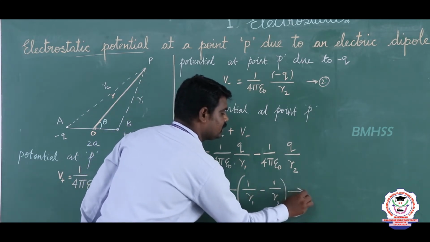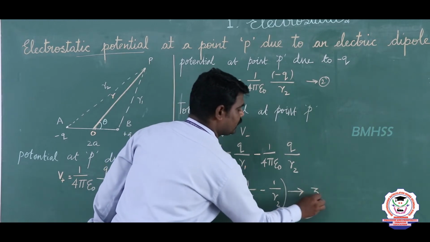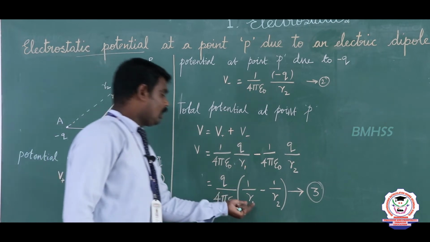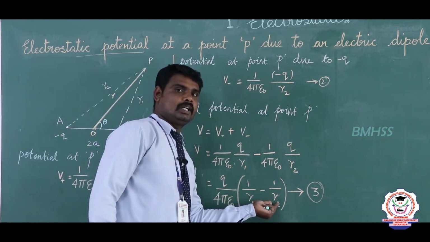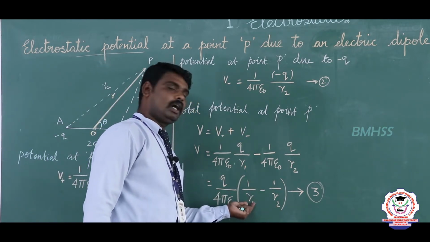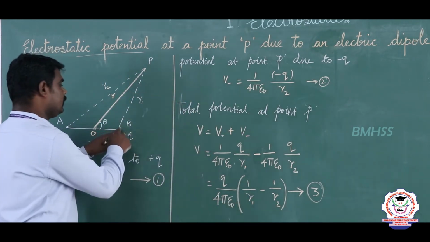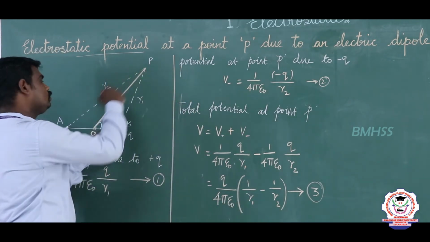Now, I take this equation number 3. Here the r1 and r2 values we don't know, we have to find out r1 and r2. Here r1 is the distance between B and P. How to find it out?